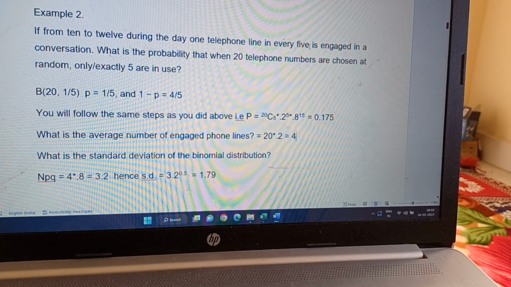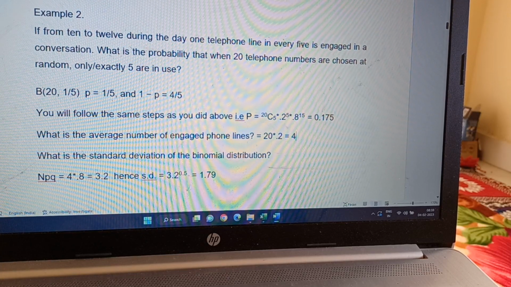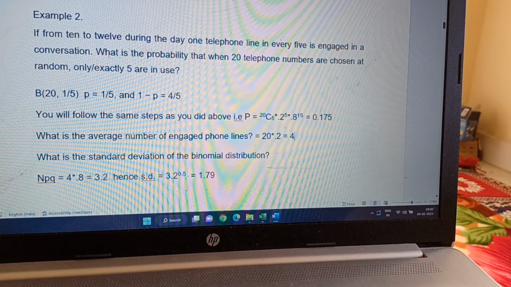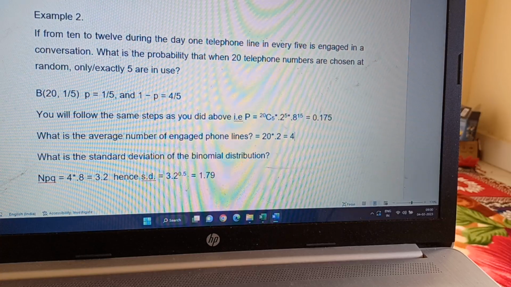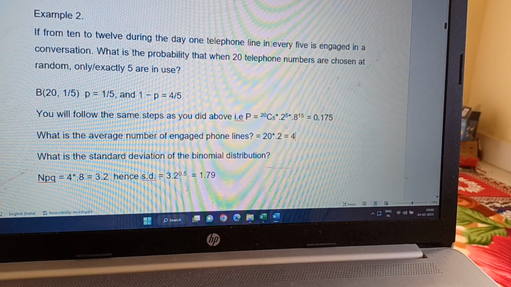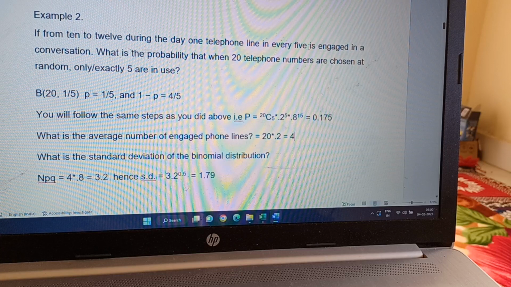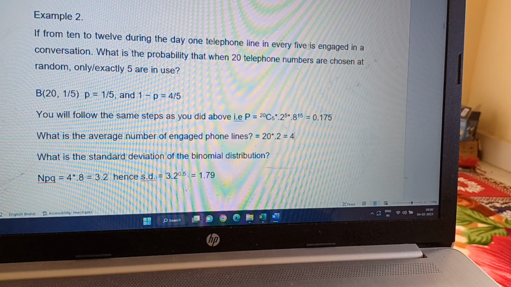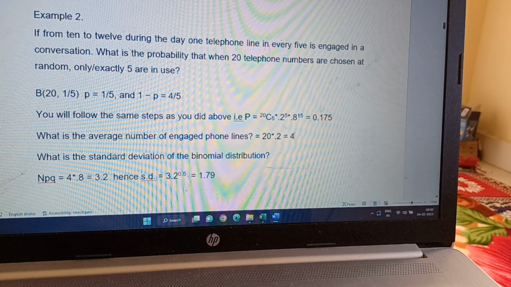So it gives us the probability: out of 5 telephones, 1 is engaged. So the probability P becomes 1 by 5.